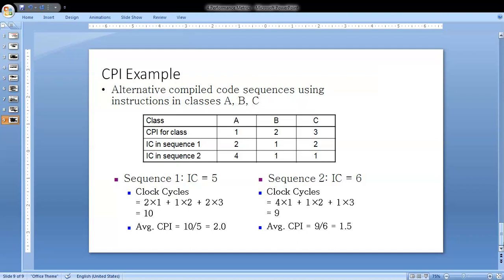In the first case, 10 is the clock cycles and IC is equal to 5, so 10 divided by 5 gives 2. So the average cycles per instruction is 2 in the first case. In the second case, clock cycles is 9 and IC is equal to 6, so 9 divided by 6 gives 1.5. So average CPI is highest for the first case, and lowest for the second case.